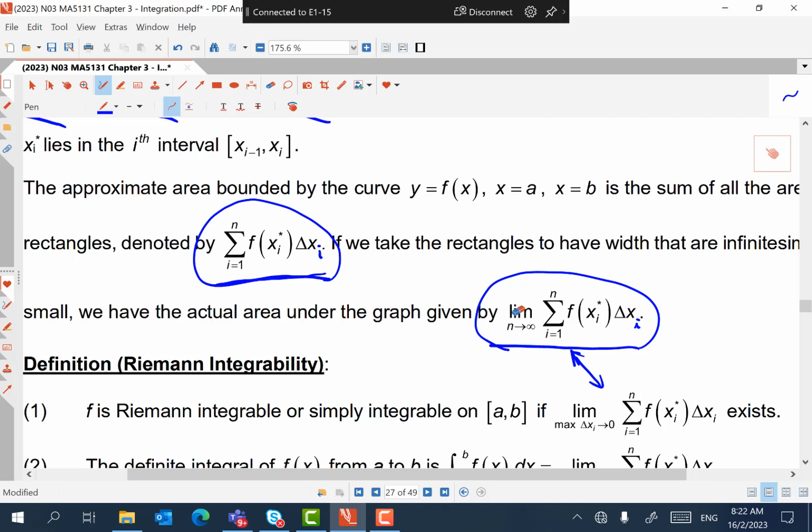In the example that we had just now about x squared, it is indeed the case when n goes to infinity, because in the example the width is 1 divided by n, so when n goes to infinity the width diminishes to nothing. But in this case, it should not be n going to infinity. It ought to be this. Can you change this and write this?